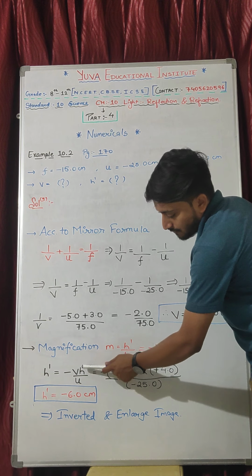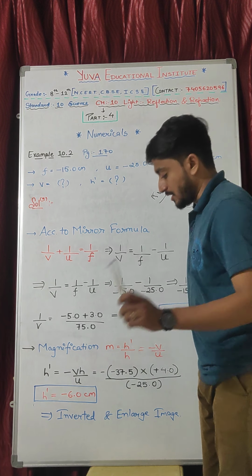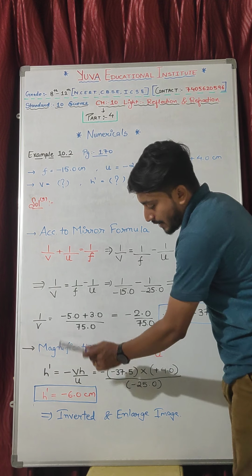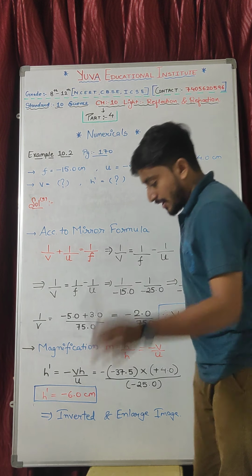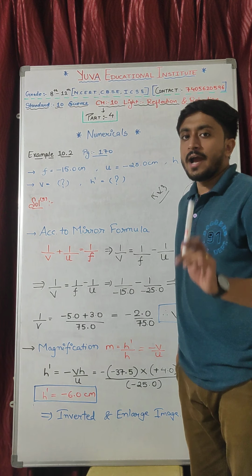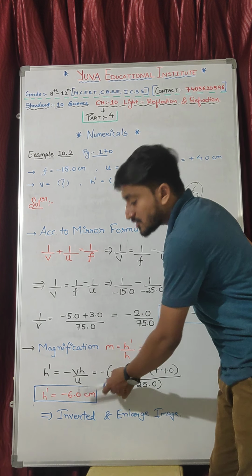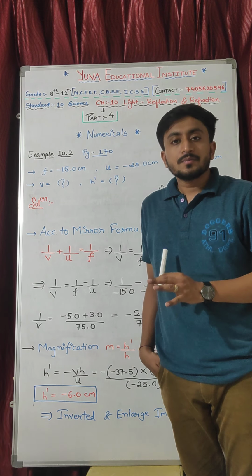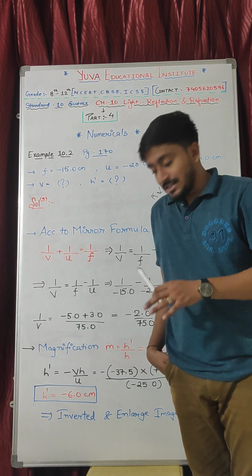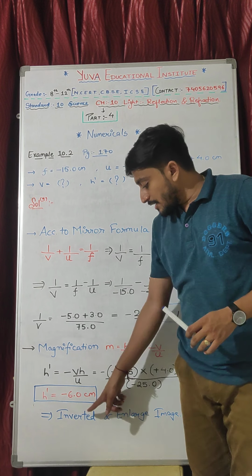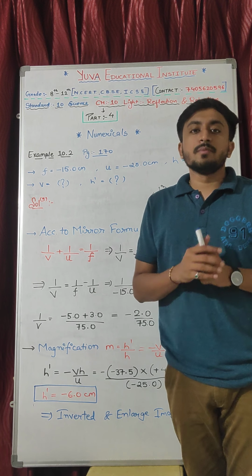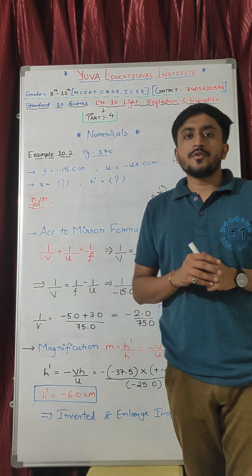Now simply put the values, all 3 values are with us. The value of v is there, h is also there and u is also there with us. Just a simple mathematical step and you are getting h dash, that is height of image, that is minus 6.0 centimeter, right students? Now lastly let's talk about the nature of the image. The nature of image is inverted and enlarged compared to the object, okay?